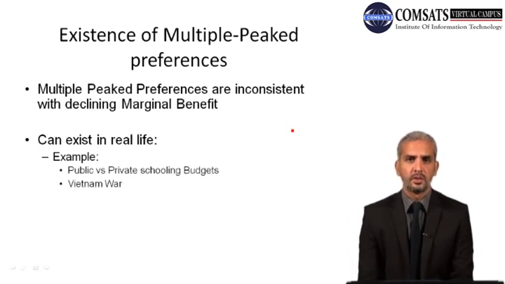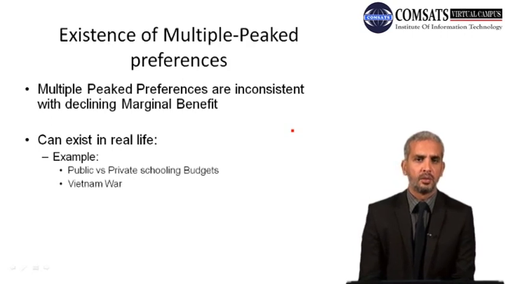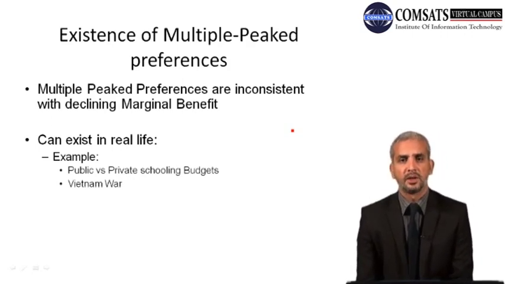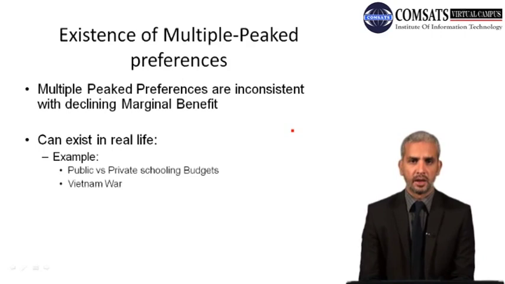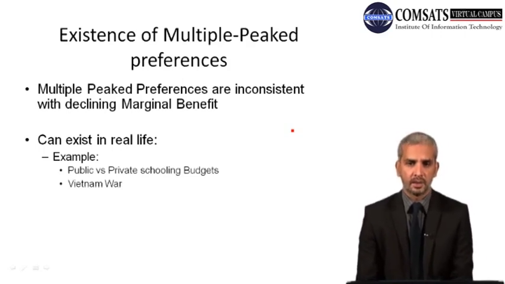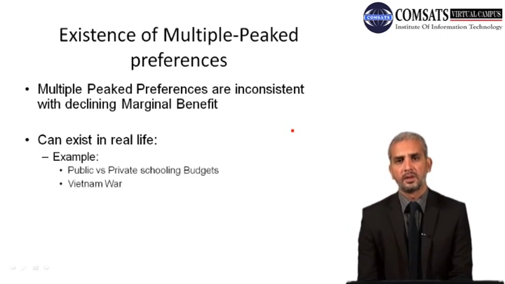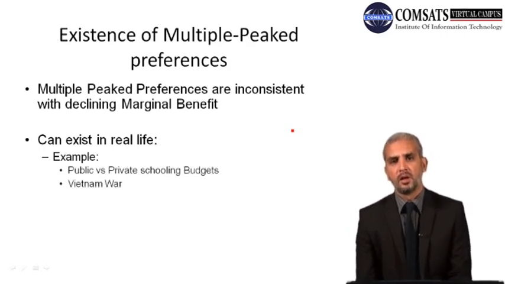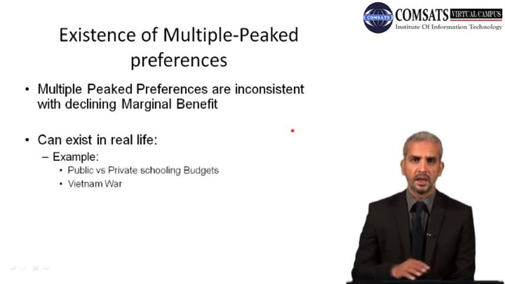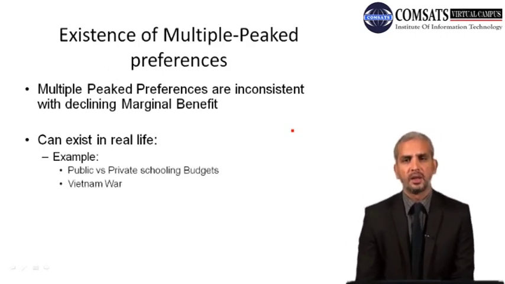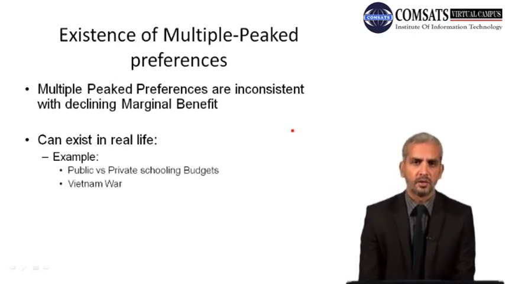So his first choice would be a low budget, his second choice would be a high budget allocation, considering the moderate taxation and that he won't be able to afford private schooling, and his third choice would be a moderate level of budget. So there are multiple peak preferences over here.